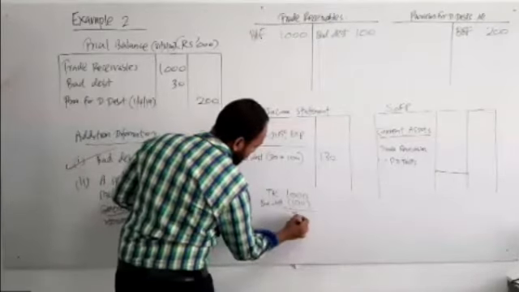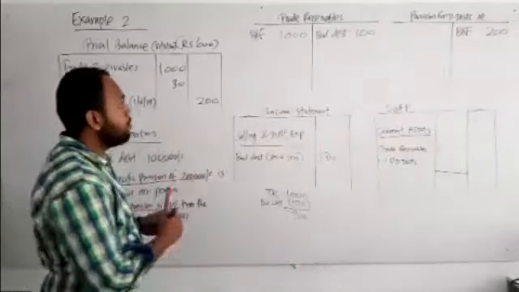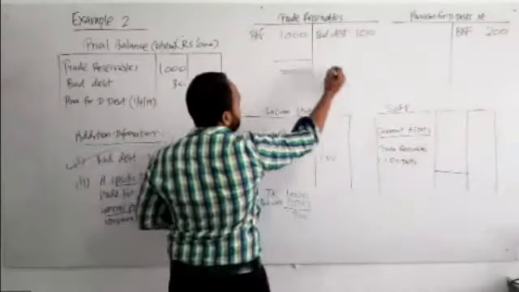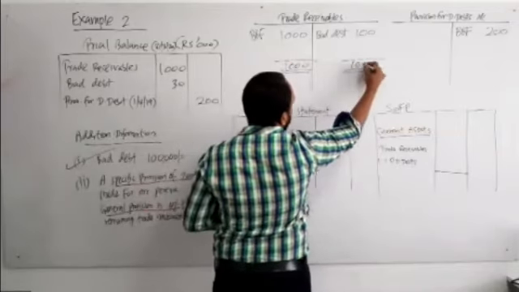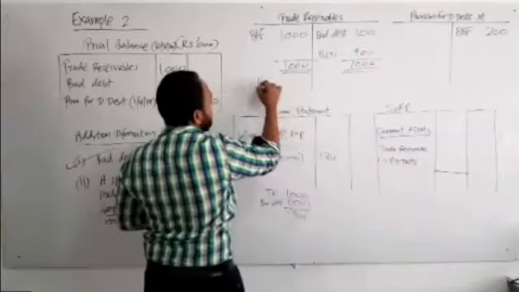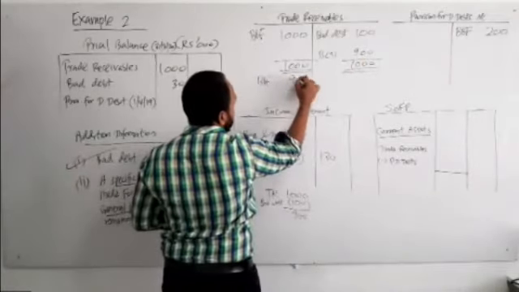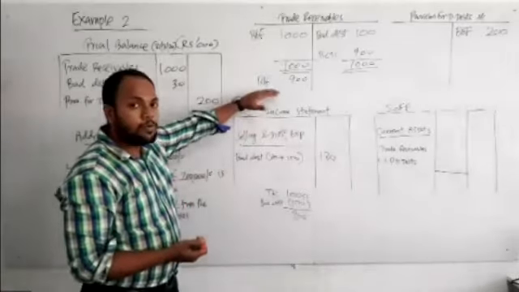So the net debtor balance is 900,000. If you balance this, write down 900,000. For this 900,000, we are going to make a provision.